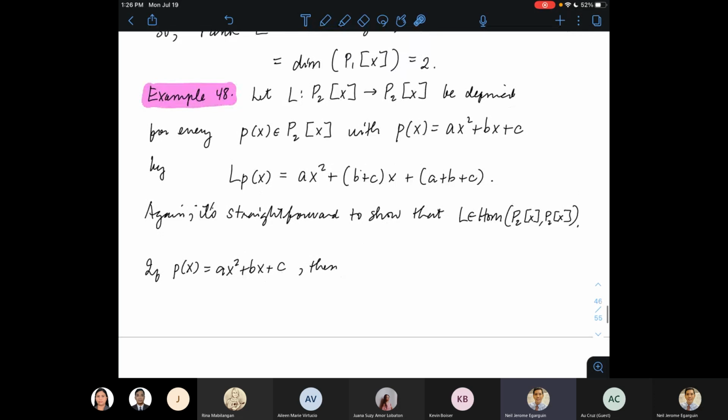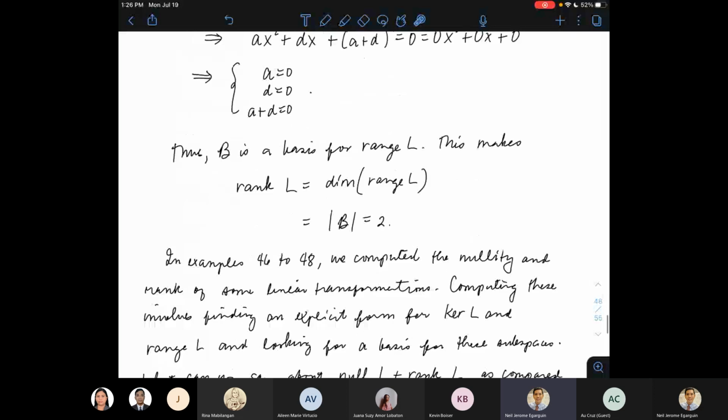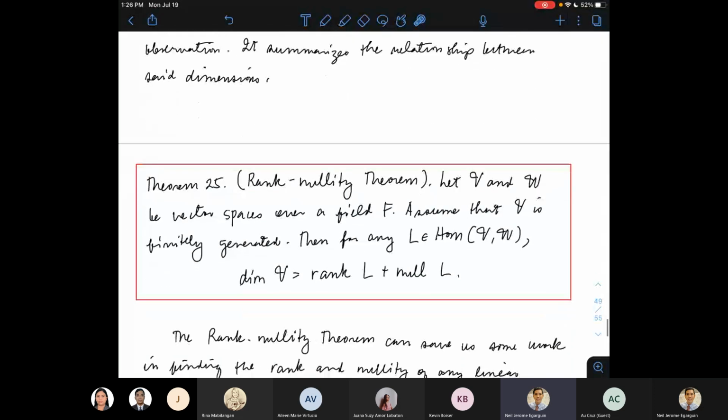And it just so happened that the dimension of the domain is also equal to 3. So this further supports our hunch that the sum of the nullity and the rank is equal to the dimension of the domain. Okay? And that is exactly what Theorem 25 tells us.